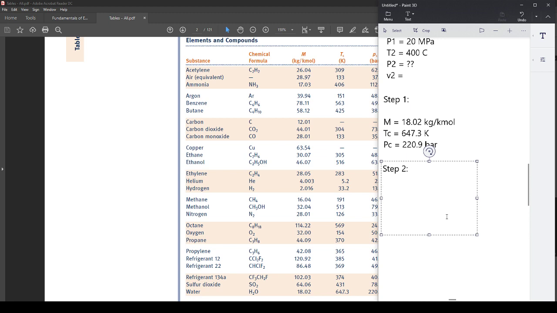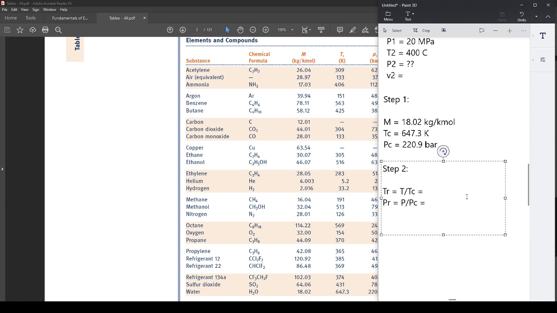If you recall, T sub R is equal to T divided by TC, and then P sub R is equal to P divided by PC. Everybody recall? These two equations right here are how you find the reduced temperature and the reduced pressure. So we need to find both of those. And so I will go ahead and insert these into the question.